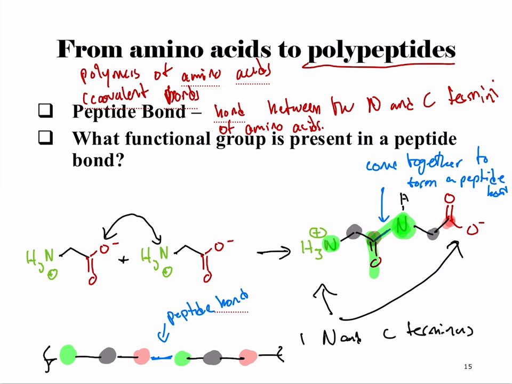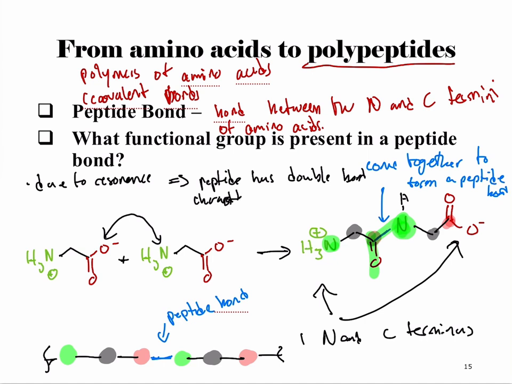And another thing about the peptide bond is because of resonance, the peptide bond has double bond character. And so because the peptide has double bond character, it means that everything along the backbone is coplanar.